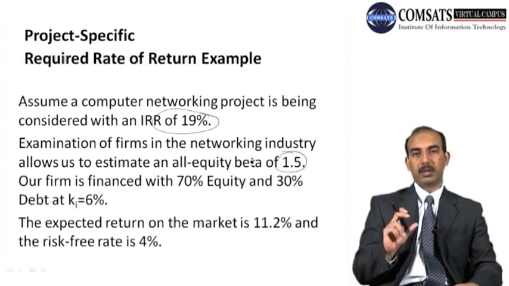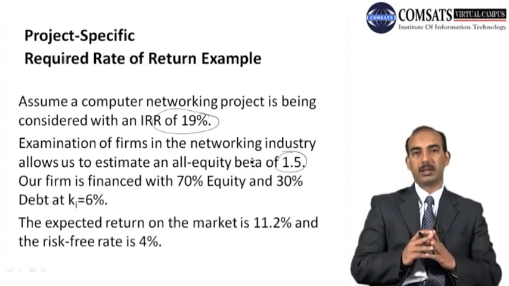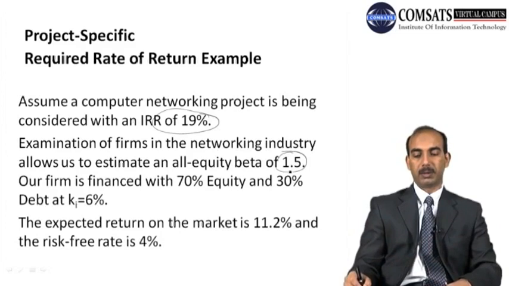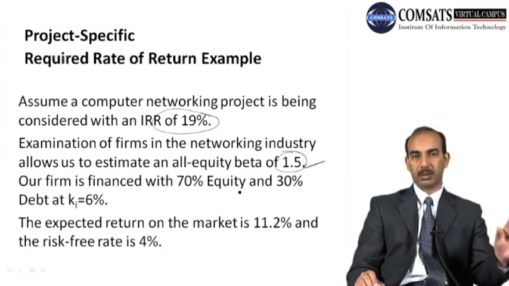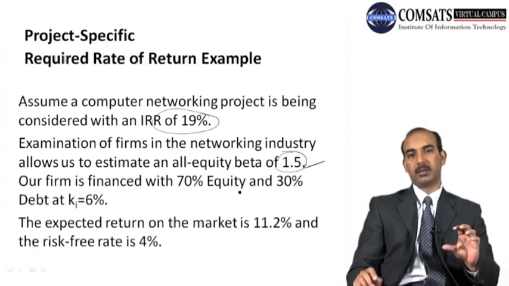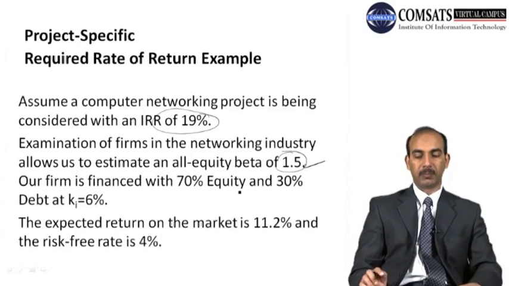So when we locate the proxy for our firm in the market, based on the information we calculate the beta, that is equal to 1.5, and this information can be provided by specific organizations, or even by yourself. You can take the returns of that particular proxy firm and the returns of the market portfolio, and you can calculate the beta for that proxy firm.